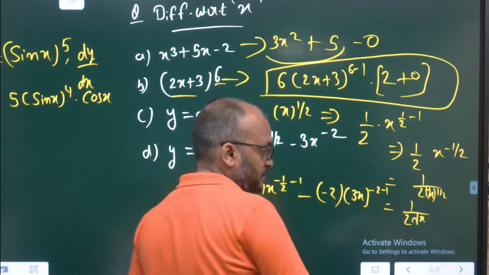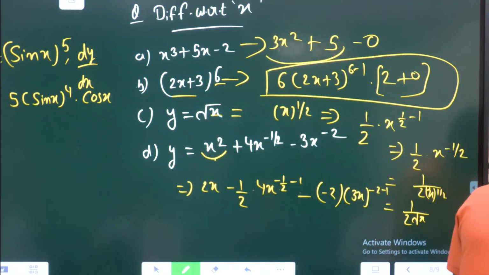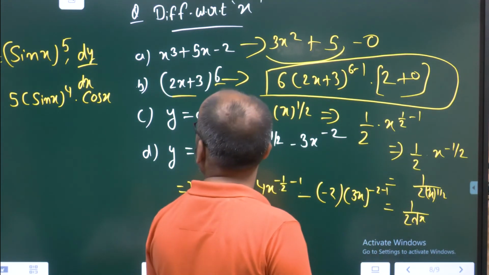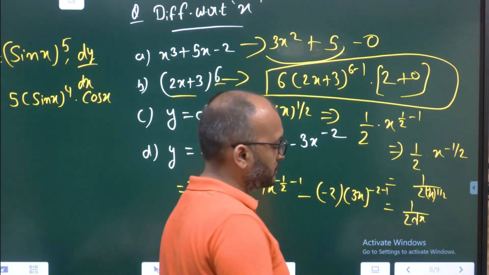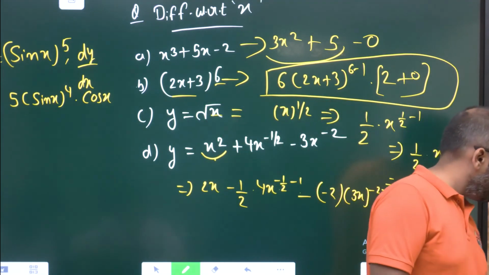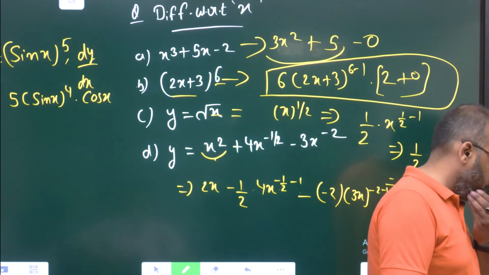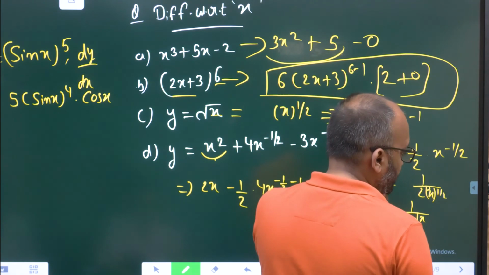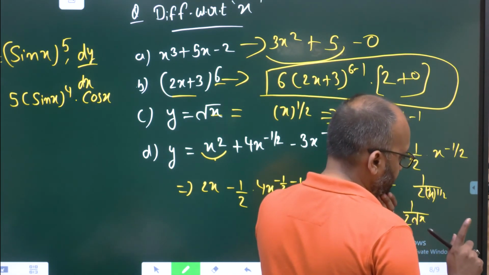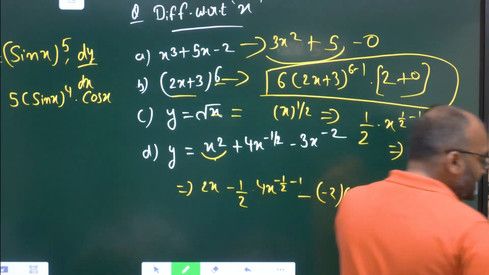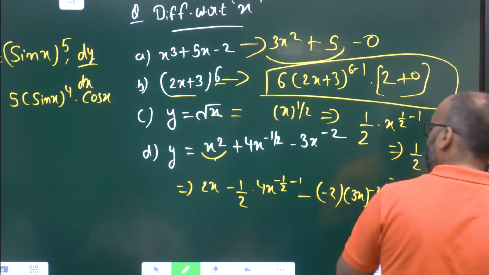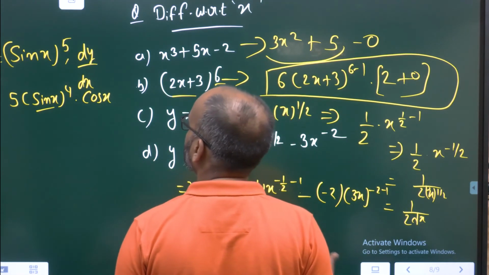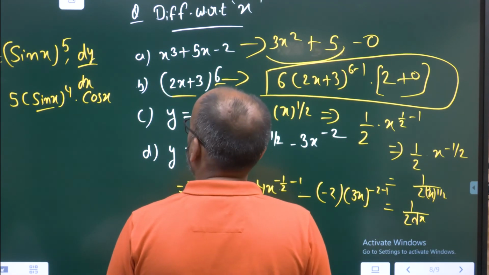Sir, yes Shireen. The answer of this is 5 sin x to the power 4 into cos x. Wait a minute. Here, the answer is wrong. Not that, your answer is wrong. I told you the differentiation of sin x. Which question are you referring to?